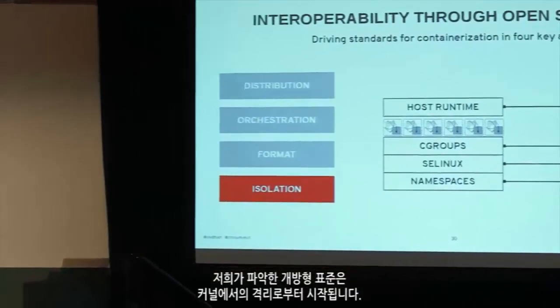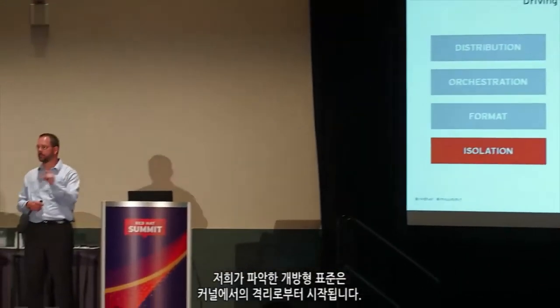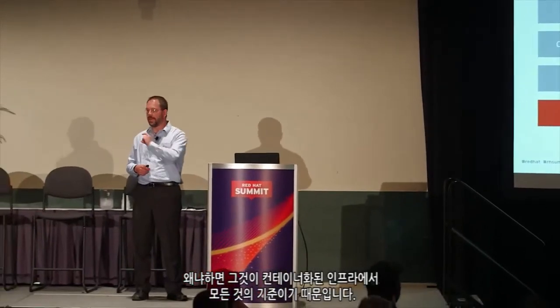The open standards that we've identified start with the isolation in the kernel, because that's the basis of everything in a containerized infrastructure. If we can rely on the technologies used in the kernel to provide these logical execution environments for services or applications in a particular way, then we can assume that if it worked in one place, it will work the same way in another place. So this is in good shape. In the case of Linux containers, we talk about cgroups as the resource manager, actually the primary engine for containers.